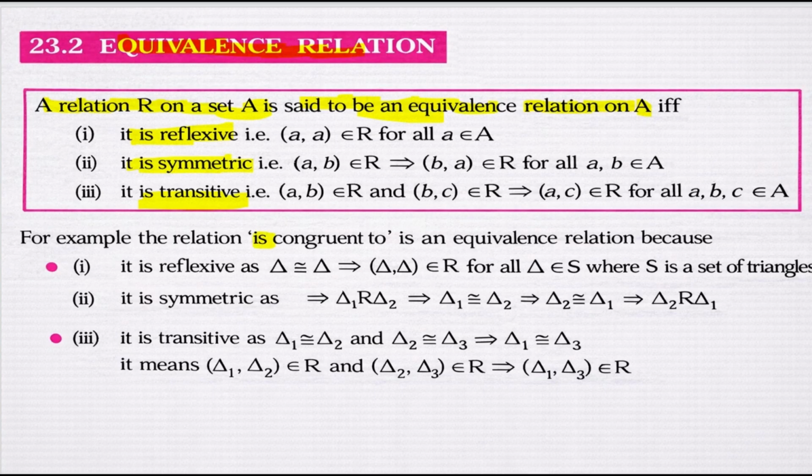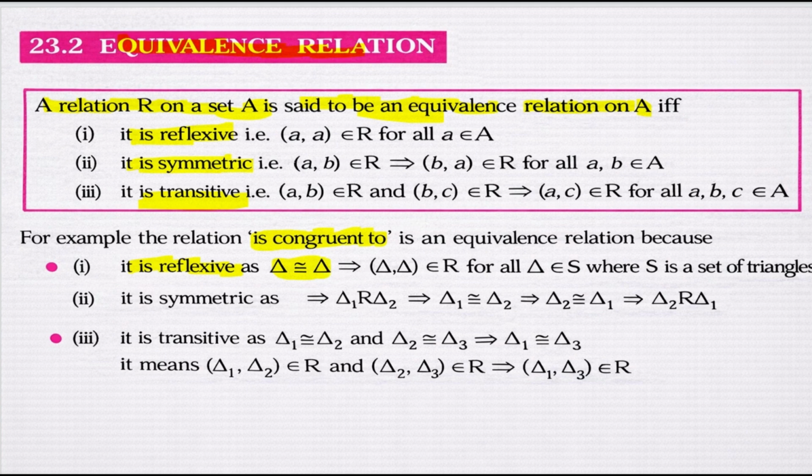Now I will take one example: the relation is congruent. The set A is the set of triangles, and the relation defined is congruent. Check the reflexive property. Any triangle is congruent to itself.